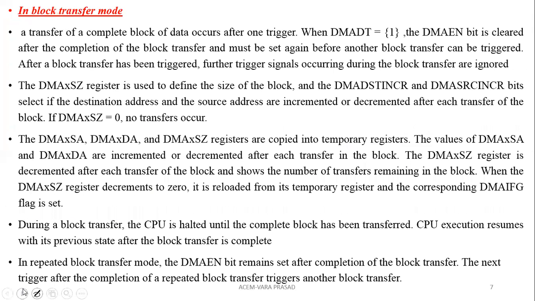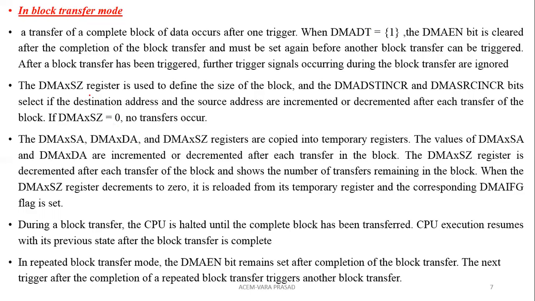Whatever we studied previously applies here too, now for block transfer. How is it selected? DMA DT equal to 1 is used for block transfer.